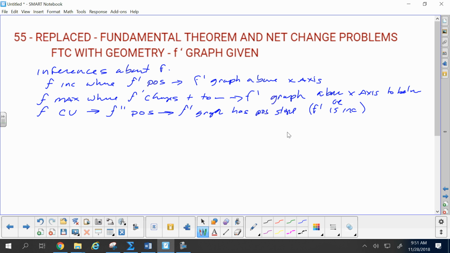Okay? What about if I asked you, where does f have an inflection point? F double prime changes sign. Now then, in turn, connecting that to f prime, that would mean you need to look where f prime slope changes.